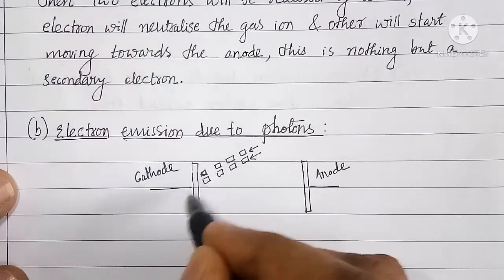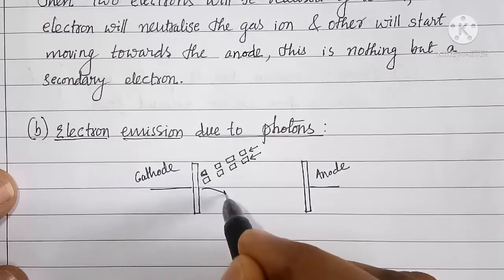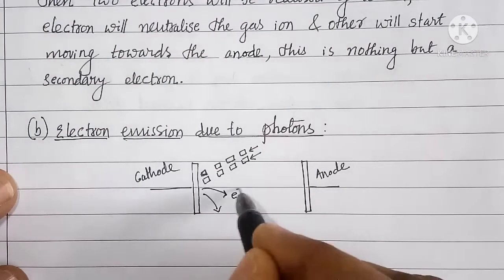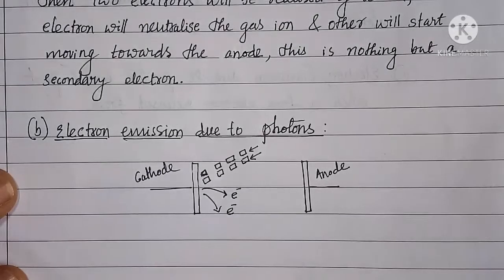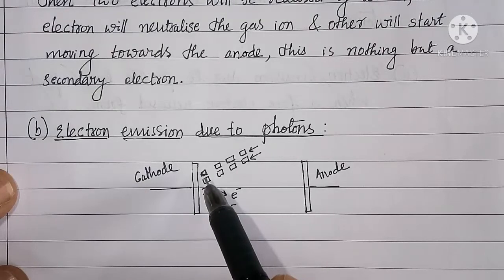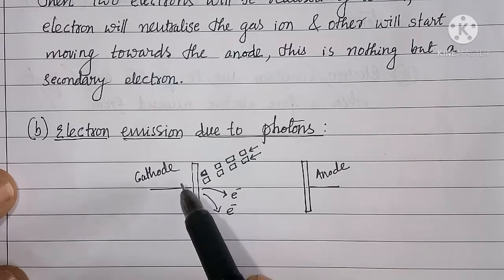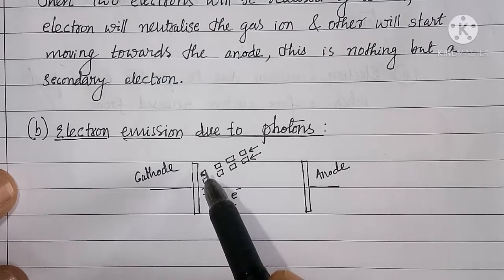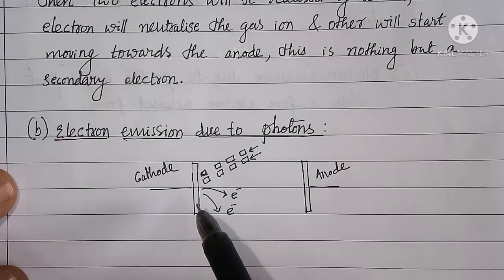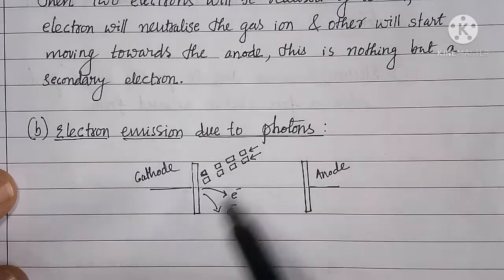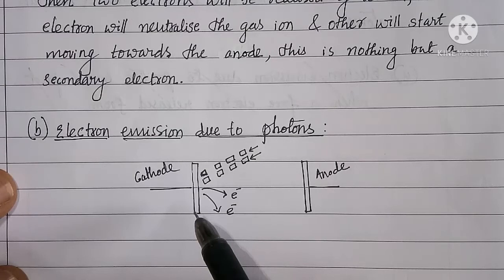So when these photons hit this cathode, then what happens? Electrons are emitted by the cathode. So what is the condition for that? The condition is the energy content of the packets that are incident on the cathode should be more than the surface potential barrier of the metal used in making the cathode. What is the surface potential barrier of the metal? It is the threshold energy.